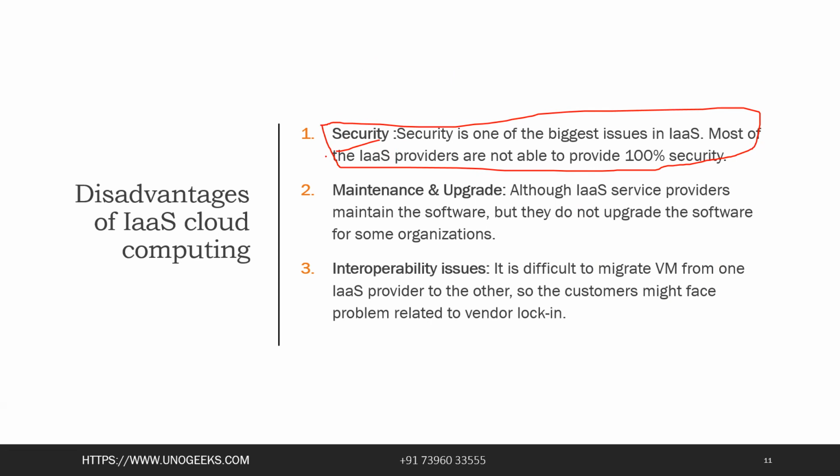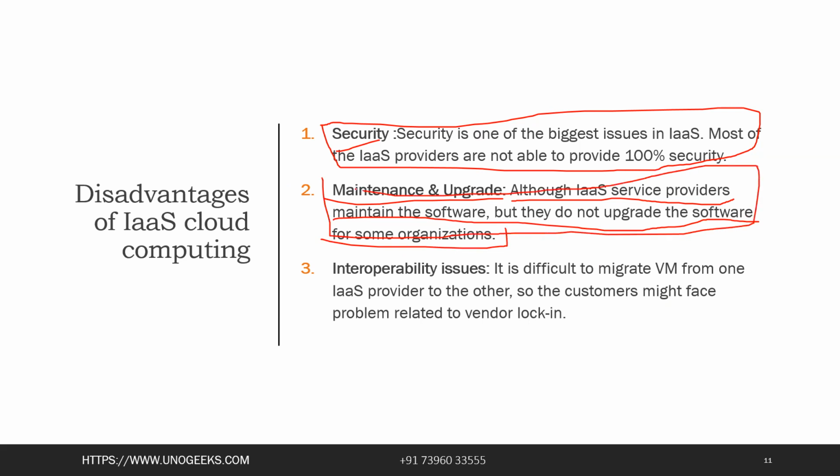And the second thing is maintenance and upgrade. Have you heard about a key terminology called patch update or OS update? Those patch updates and OS updates should be maintained by the organization itself. It will not be done by the cloud service provider. So this is one of the disadvantages. If you go for PaaS, automatically the maintenance and upgrade, security and interoperability issues, everything is taken care of by the cloud service provider only.